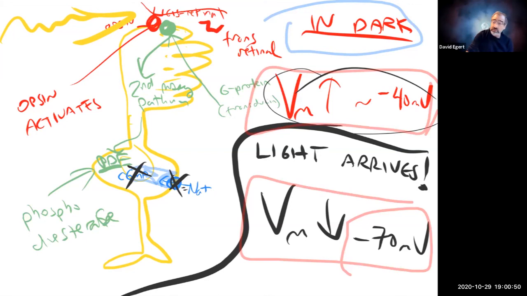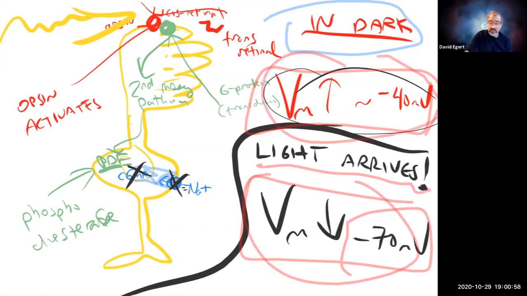That's what transduction is. The stimulus was light arriving, and transduction is creating an electrical signal. The electrical signal is the membrane voltage dropping from minus 40 to minus 70 in response to the arrival of light energy. And that is phototransduction in a nutshell.